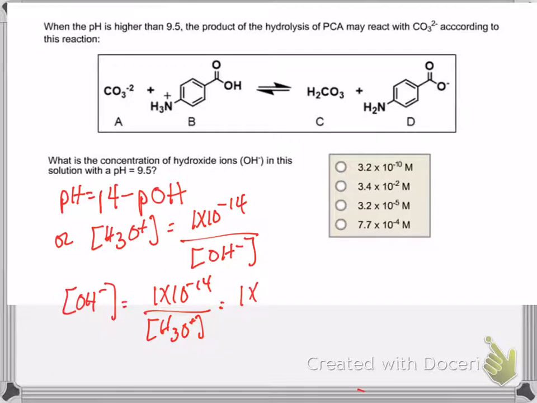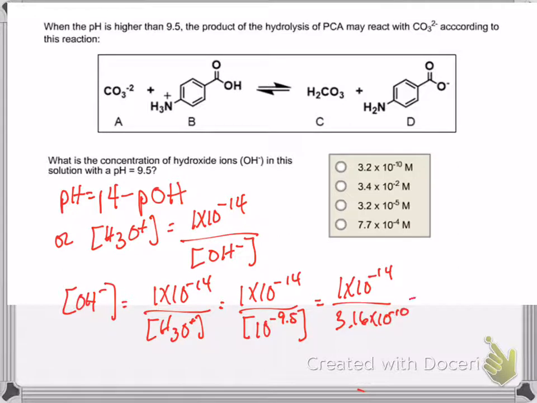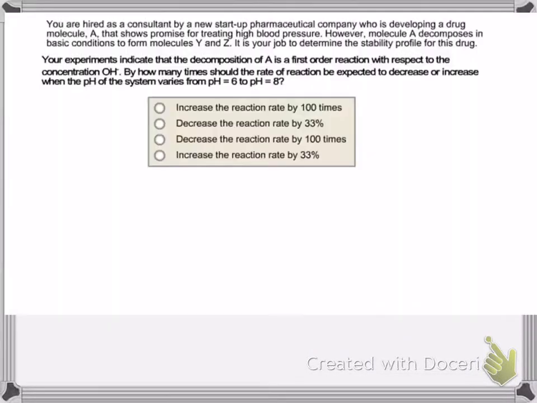So now we have 1 times 10 to the minus 14 divided by 10 to the minus 9.5, right? That's going to be the concentration of H3O plus. We put that in a calculator, we see that value is 3.16 times 10 to the minus 10, which gives us 3.2 times 10 to the minus 5, which is one of the options. So you want to make sure you feel comfortable with this calculation. This will be very important as time goes on, as the problems get more difficult.